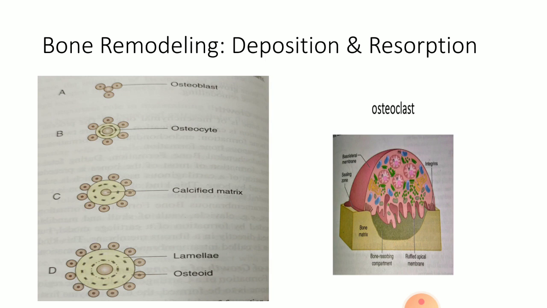Now these laid down collagens polymerize rapidly to form the collagen fibers, and the resultant tissue is called the osteoid. Now this osteoid has got an enormous affinity for the calcium salts, over which the calcium salts in form of hydroxyapatite crystals can precipitate to give rise to complete bone formation.